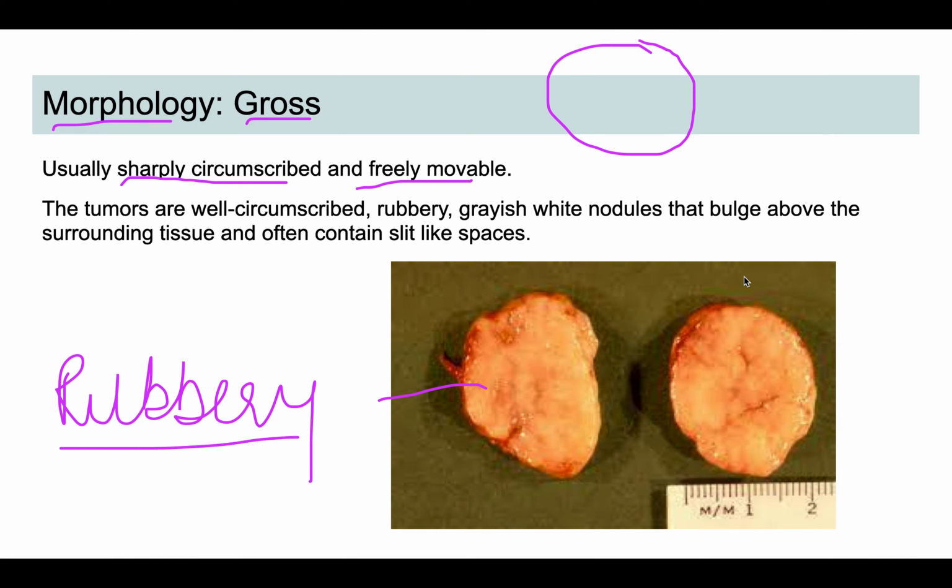Because it has a very prominent stromal component, therefore the consistency is rubbery. One important thing is that when you cut this tumor, the nodules will bulge above the surrounding tissue, as if they were contained in a space. They also contain slit like spaces. You can see over here there is a slit like space.